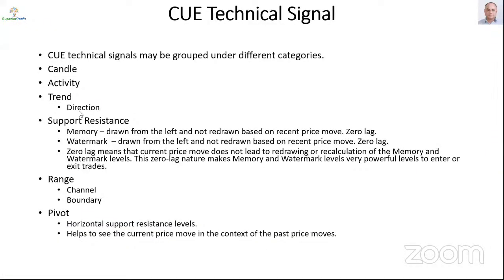In the last session, we covered until watermark. We went through candle, activity bar, trend indicators, and then support resistance in terms of memory and watermark. Today, we'll continue with the rest of the indicators.